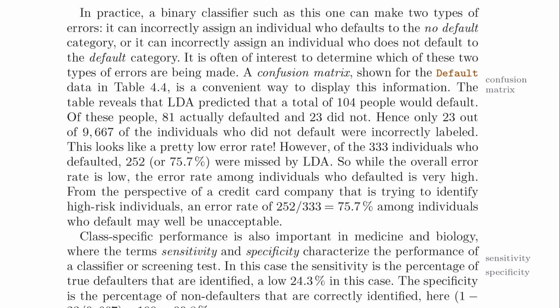So while the overall error rate is low, the error rate among individuals who defaulted is very high. From the perspective of a credit card company that is trying to identify high-risk individuals, an error rate of 252 out of 333, 75%, among individuals who default may well be unacceptable.